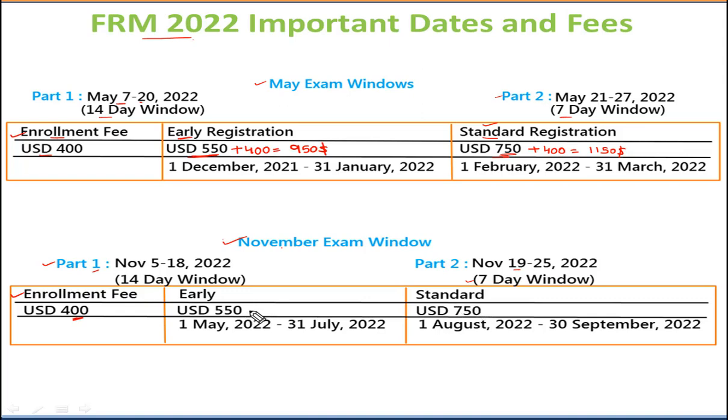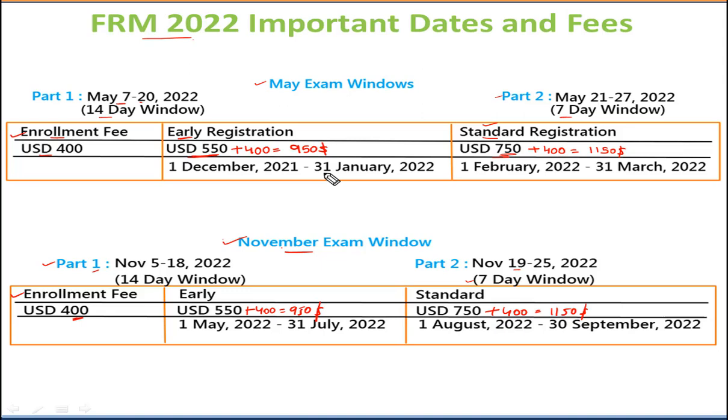If you're registering for the first time, you add $400 to either. The early registration for the November exam would start on 1st of May 2022 up until 31st of July 2022, and the standard registration would start from 1st of August 2022. The final date would be 30th of September 2022 for the November exam window.